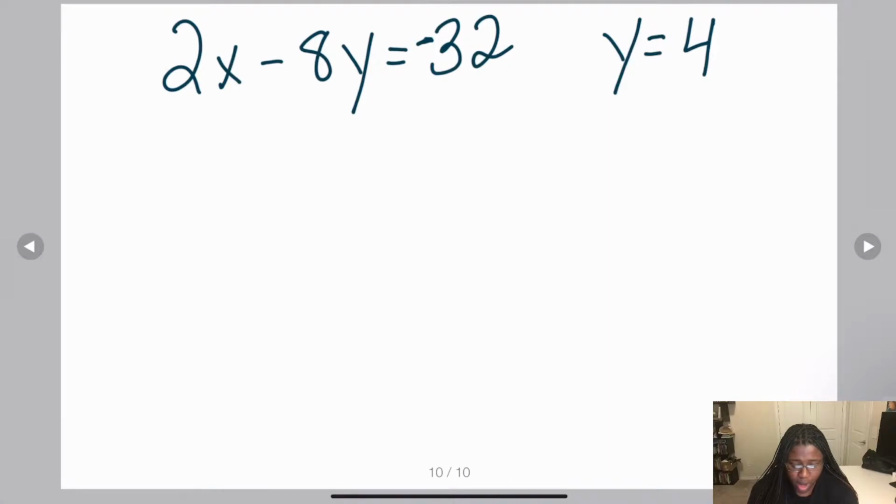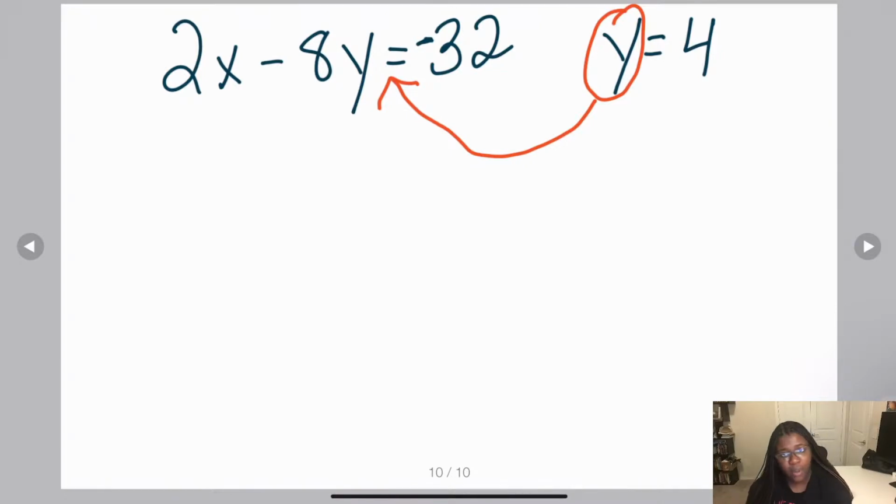So now we're going to take our y, and I'm going to plug it right back in to my y in the equation. So now instead of y, I'm going to write 4.